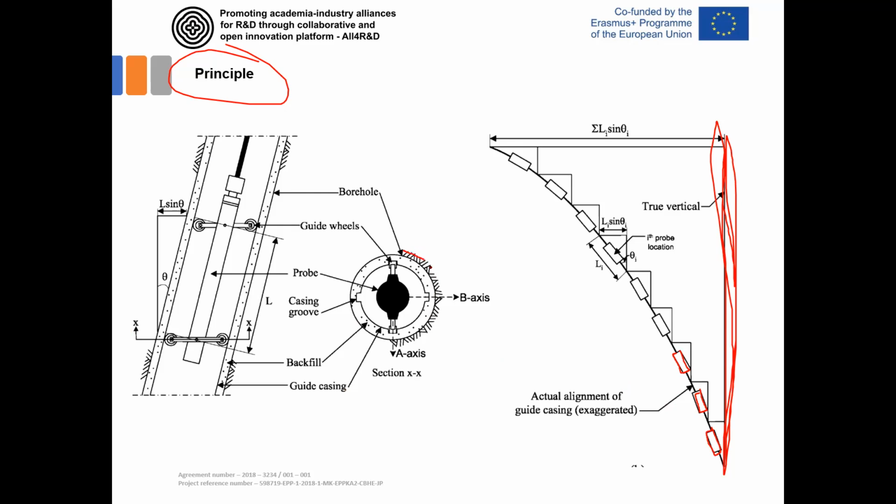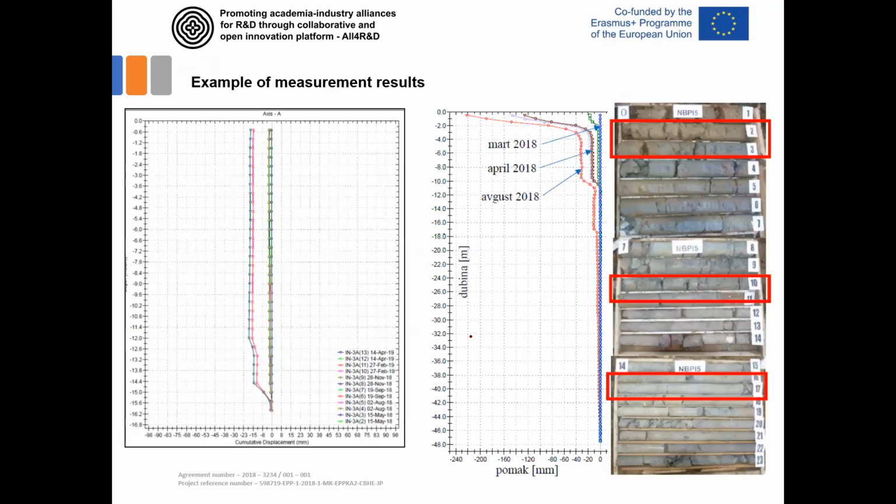This is the borehole, this is the pipe, and these are the grooves, and here is the probe with these rollers. Between the borehole and pipe, we have this backfill material. Usually it's the water cement mixture used for grouting.